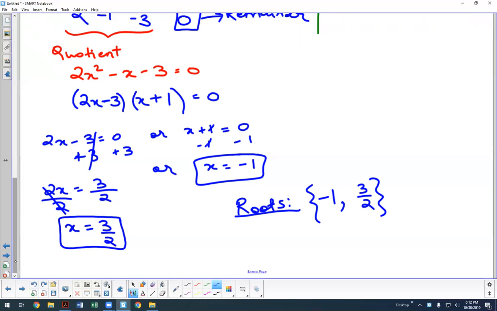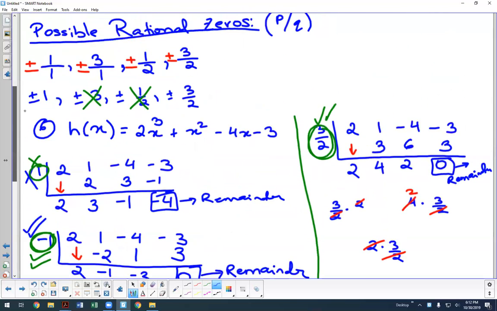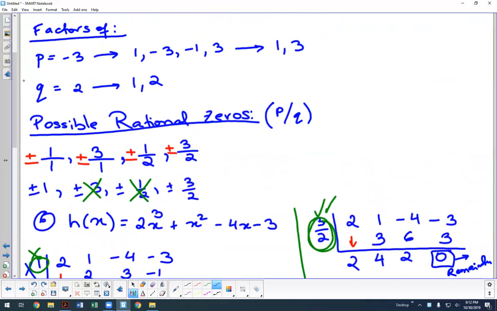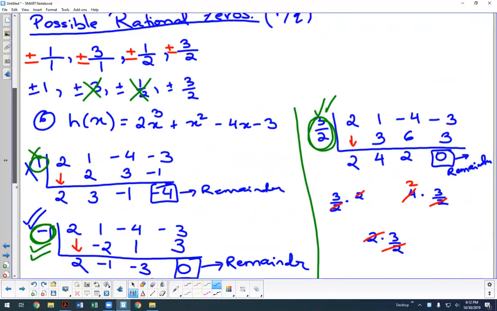Even if you would have checked for -3/2, it wouldn't have worked. So the only numbers that work out of that whole list of possible options that we got in number 5 are only going to be -1 from here, and then positive 3/2 from here.